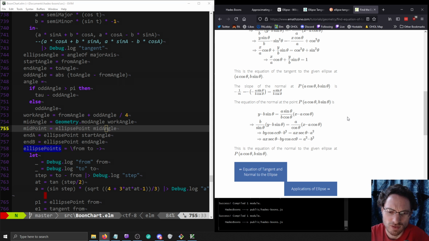Ax secant by cos. There's an e in there somewhere. Oh, cosecant. Equals a squared minus b squared.